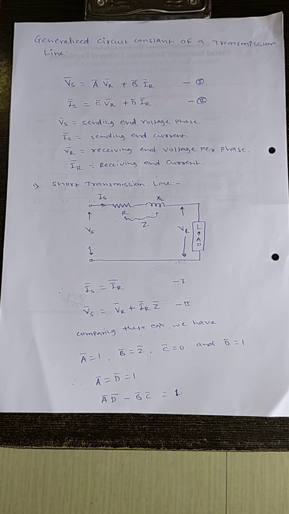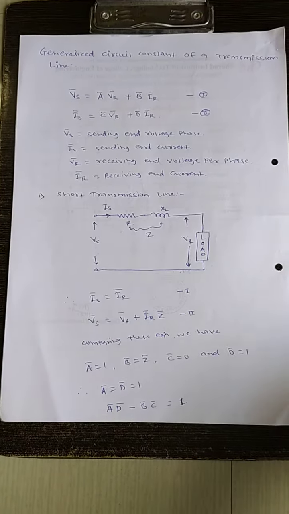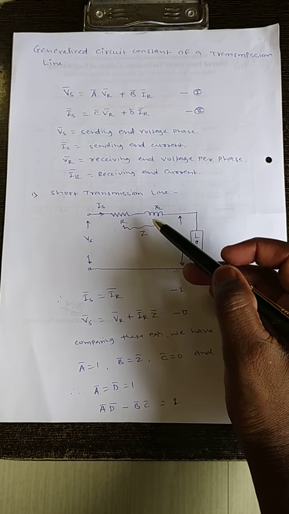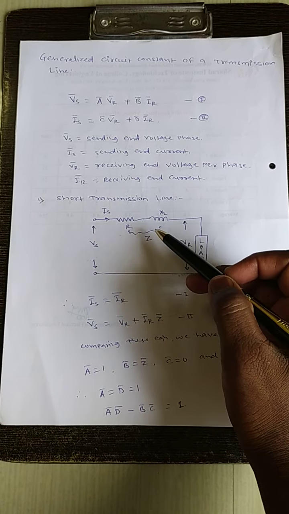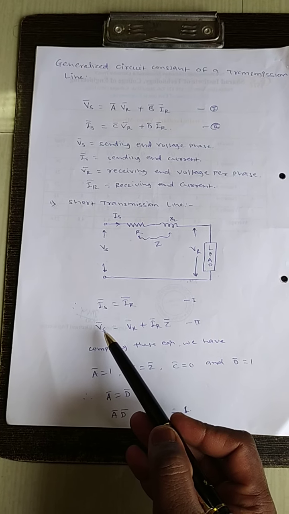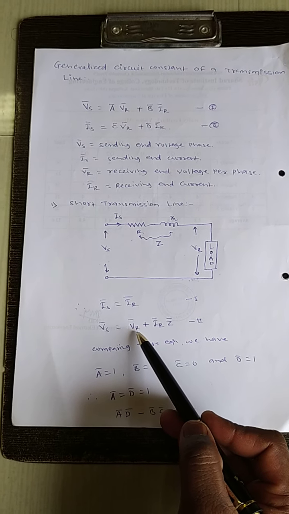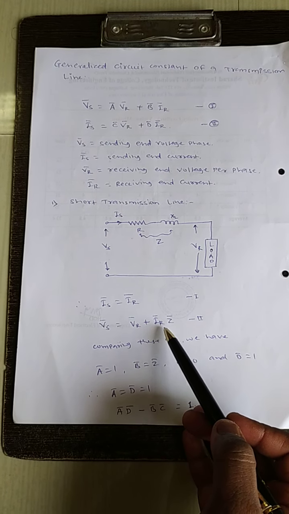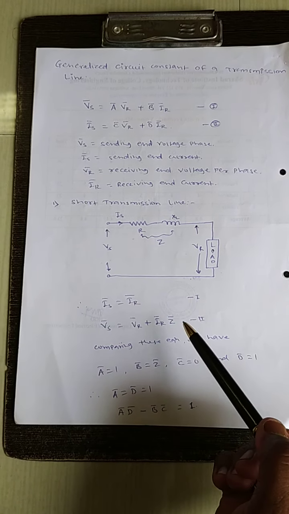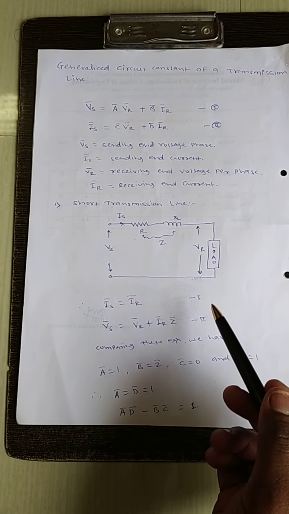Then the sending end voltage Vs is equal to the voltage across the receiving end plus the voltage drop across the impedance. From that, vector Vs is equal to the receiving end voltage plus the voltage drop across the impedance. This is the second equation.